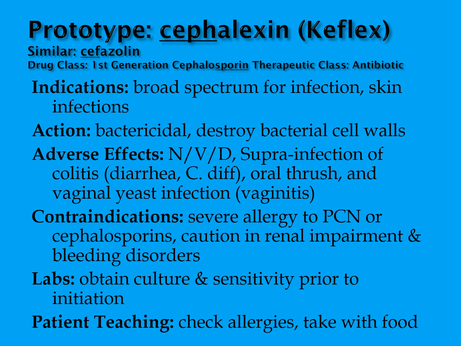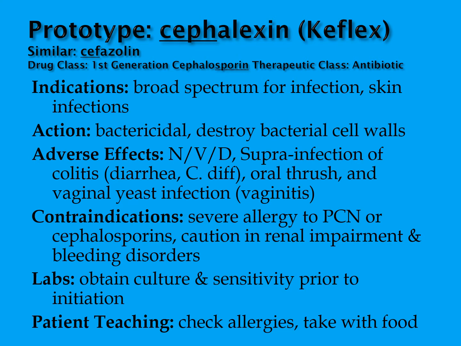Okay, so this next prototype medication, cephalexin, is a cephalosporin. This one's actually a first generation cephalosporin. Remember, we spoke about different generations of cephalosporins, and why do we have these different generations?